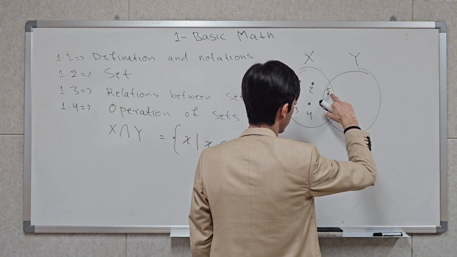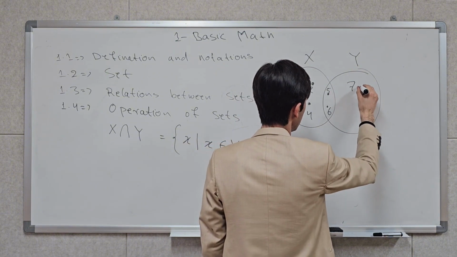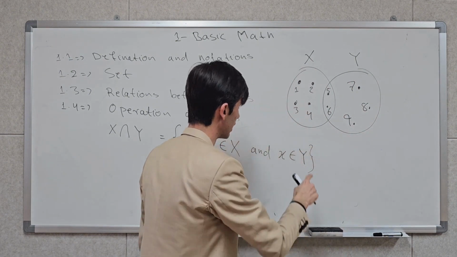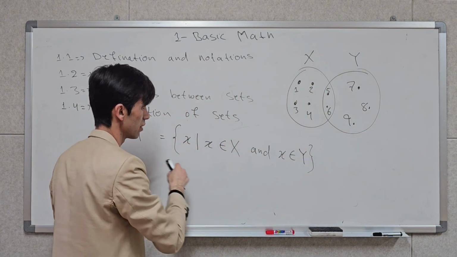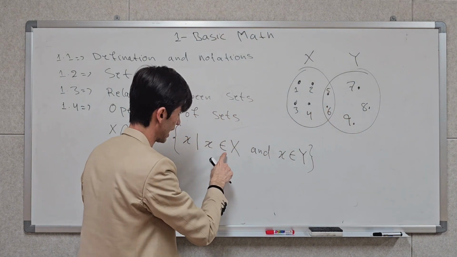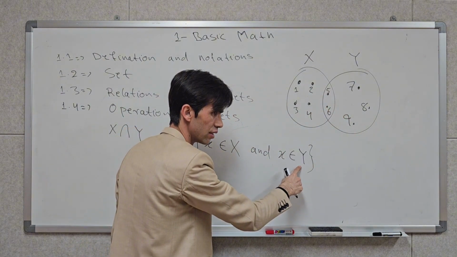And in set Y, we have 5, 6, 7, 8, 9. Then the intersection of these two sets are the numbers that we have at the same time in both. We have x in X and we have x in Y.